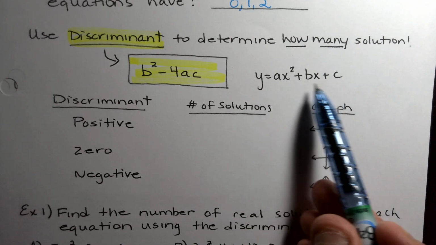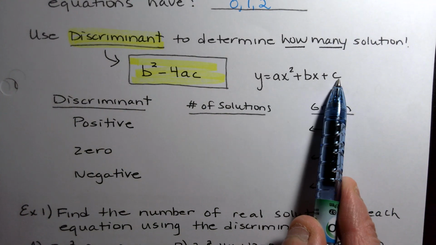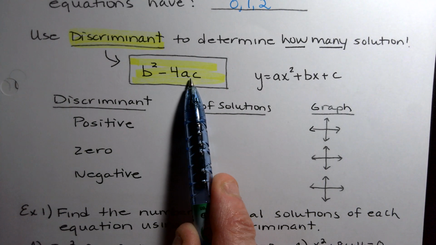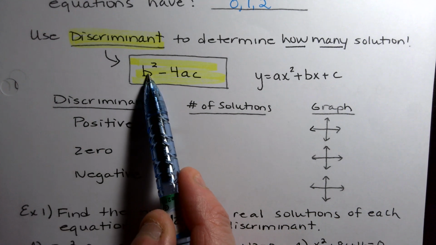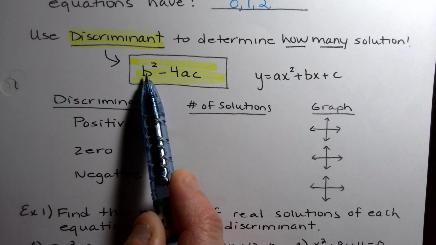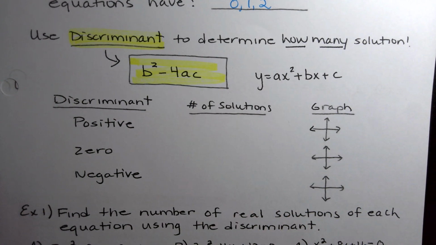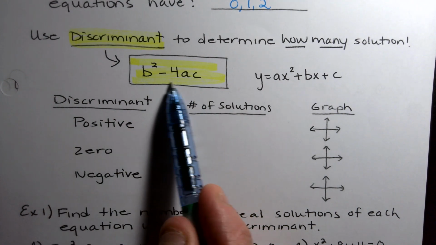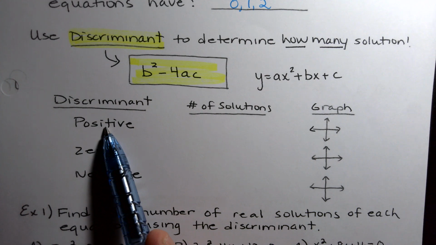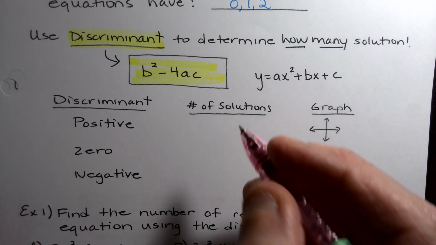So here's our equation, and we're going to figure out what is A, what is B, what is C, and then we're going to put these in here. Order of operations, remember you square, and then you're going to have to multiply all these, then you take this minus whatever that was. If you get a positive answer here, then that is 2 solutions.